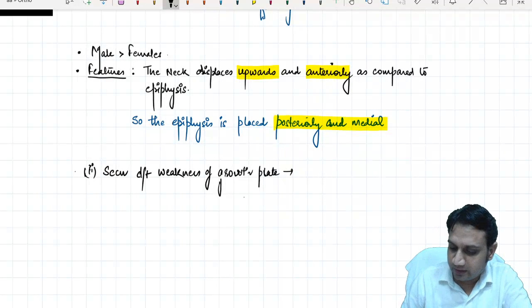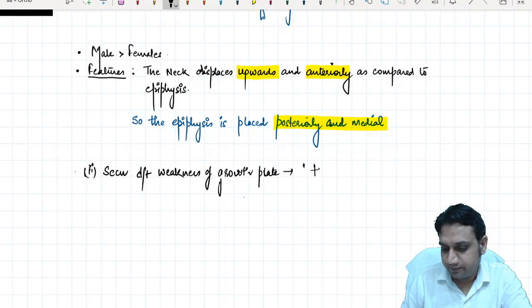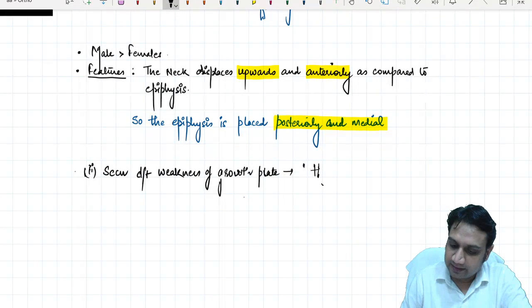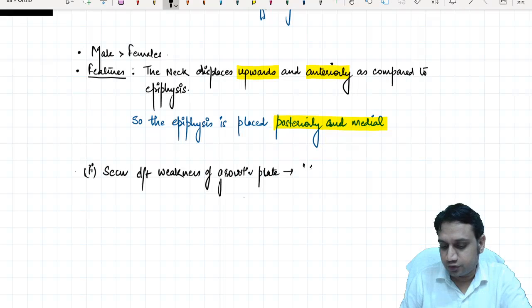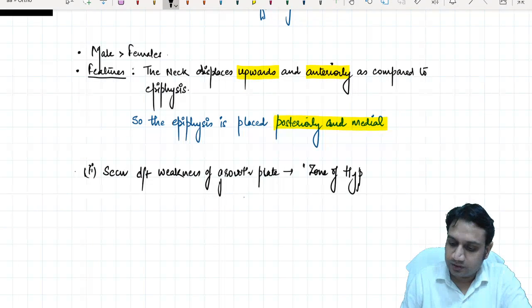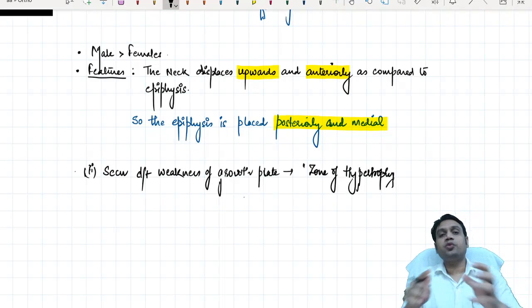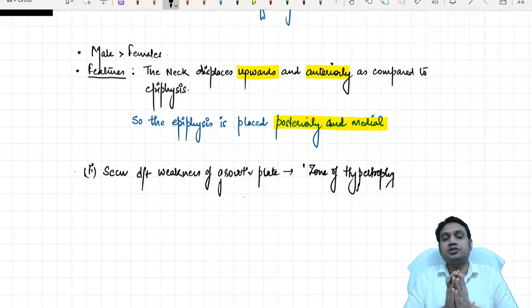This one occurs at the hypertrophic zone, the zone of hypertrophy. Fine. So this is where the weakness is, and because of this weakness, there is no contact between the epiphysis and metaphysis, and the bone slips.